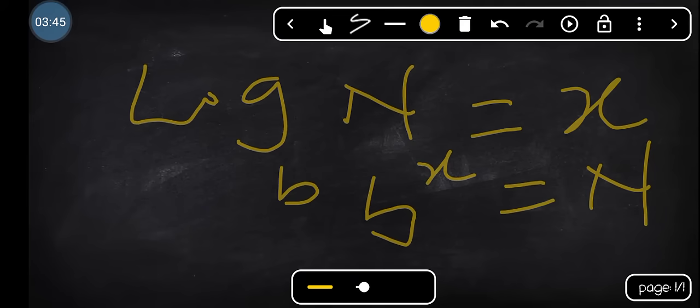So what it is basically saying is this: if we have the log of a number to a certain base, to find the number, we have to raise the base to a certain power, which is x, that will equate to the number.